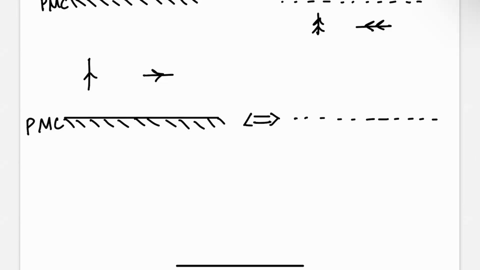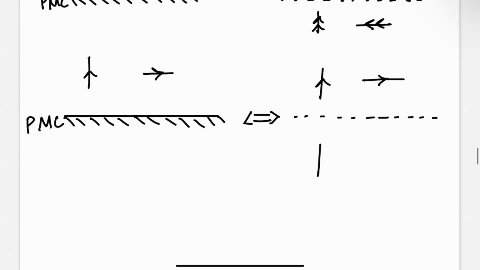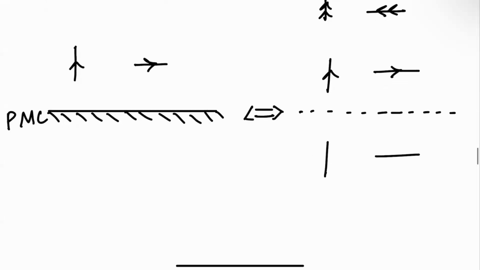Okay, so if you want the tangential H field to go to 0, then the question is, since it's PMC, what should be the direction of the electric current in the image? So the image has to look something like this. And to determine that, we can use the right hand rule, right? If I have an electric current going up like that, then the magnetic field at the boundary should be counterclockwise looking from above.